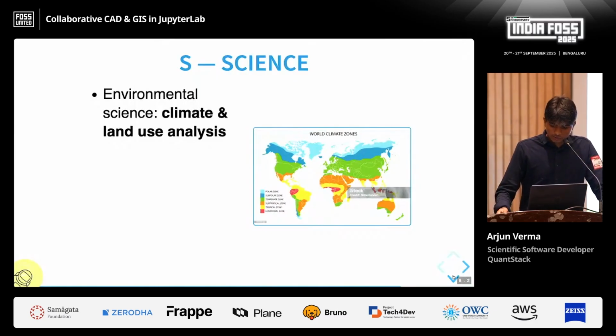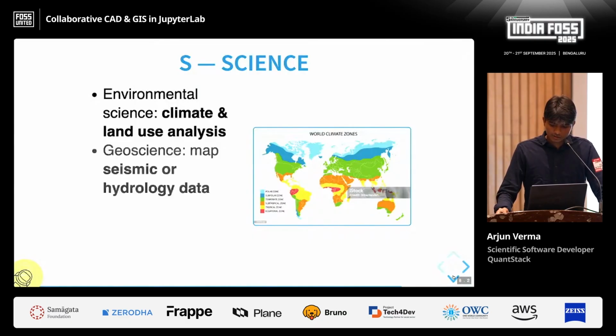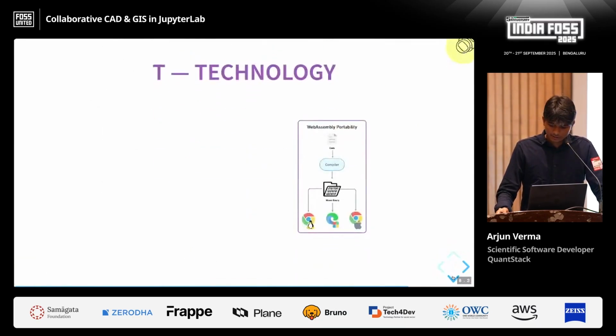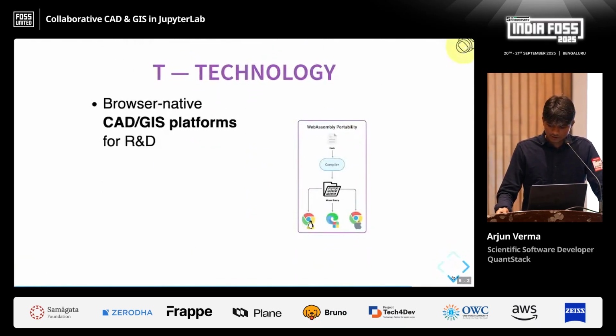Coming to the use cases in science, it can serve climate and land use analysis. I'm just mentioning some examples, but there is a lot that you can do. With a reproducible workflow, you can share and reproduce the results anywhere.